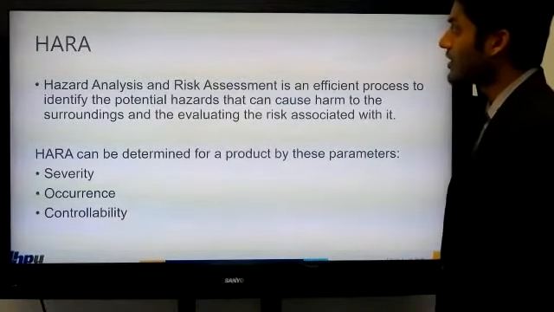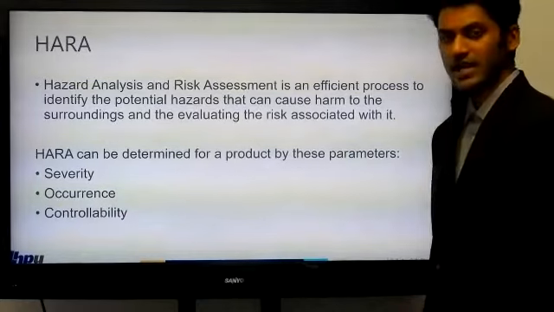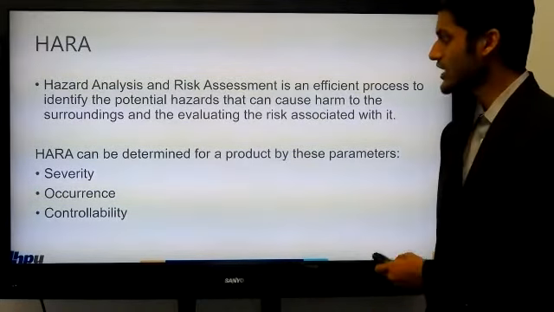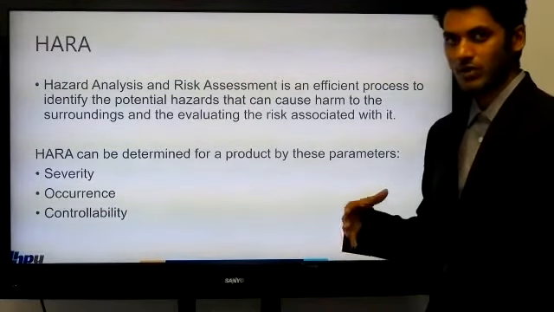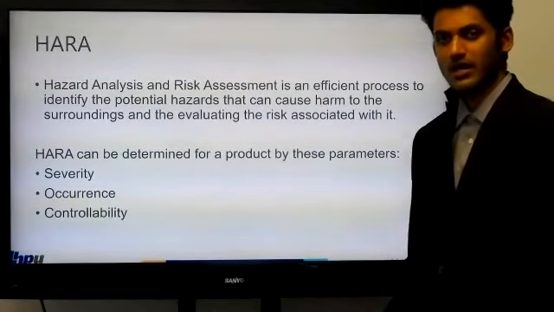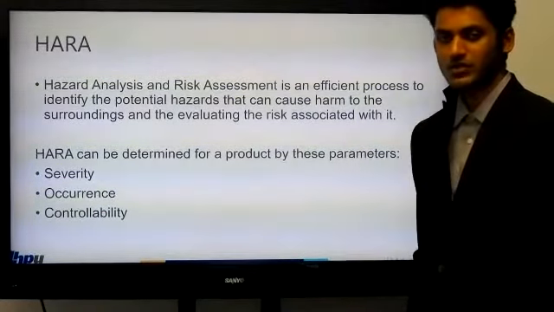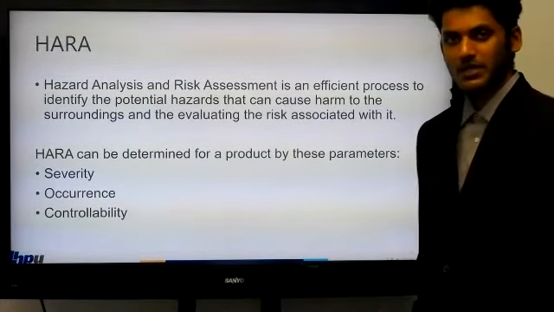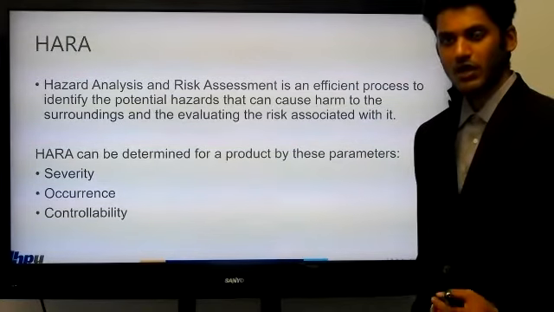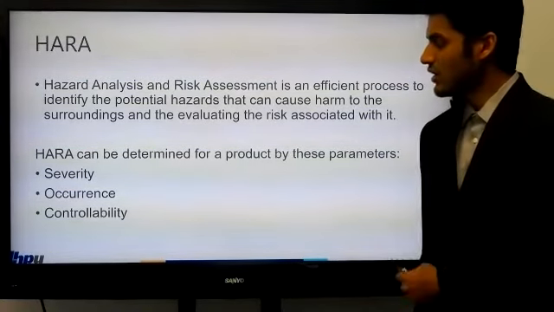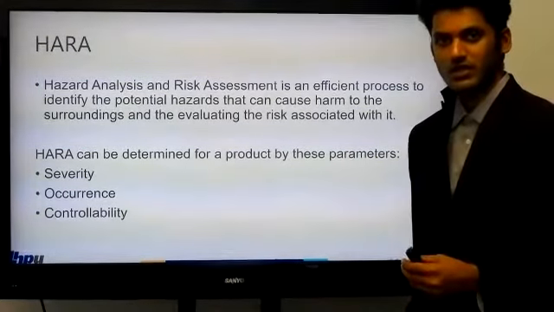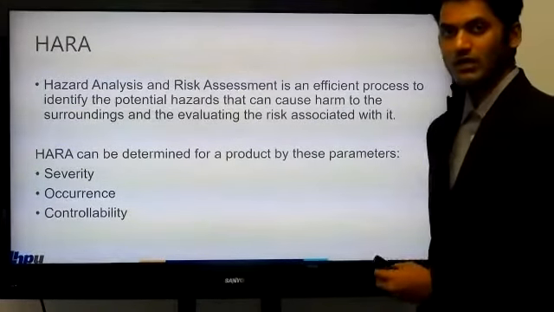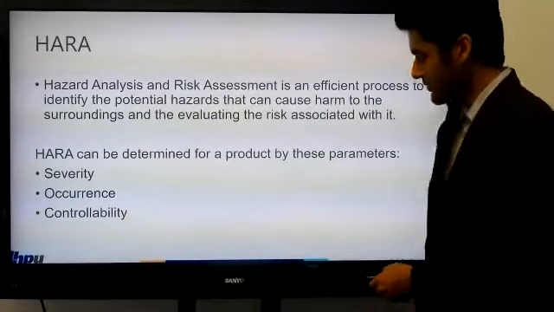HARA is hazard analysis and risk assessment, which is an efficient process to identify the potential hazards that can cause harm to the surroundings and evaluating the risks associated with it. HARA can be determined by these parameters: severity, how severe the hazard can occur, occurrence, the frequency in which the hazard can come, and controllability, how well we can control the hazard when it occurs.